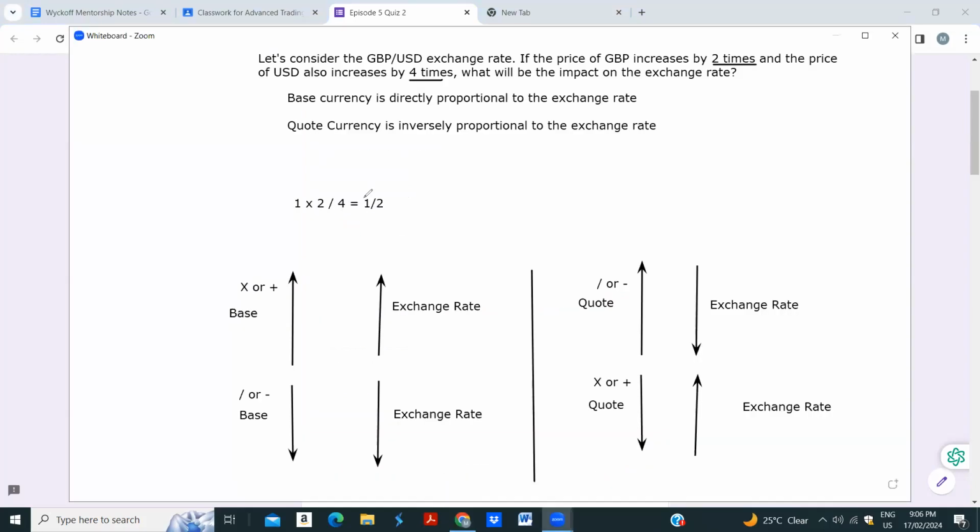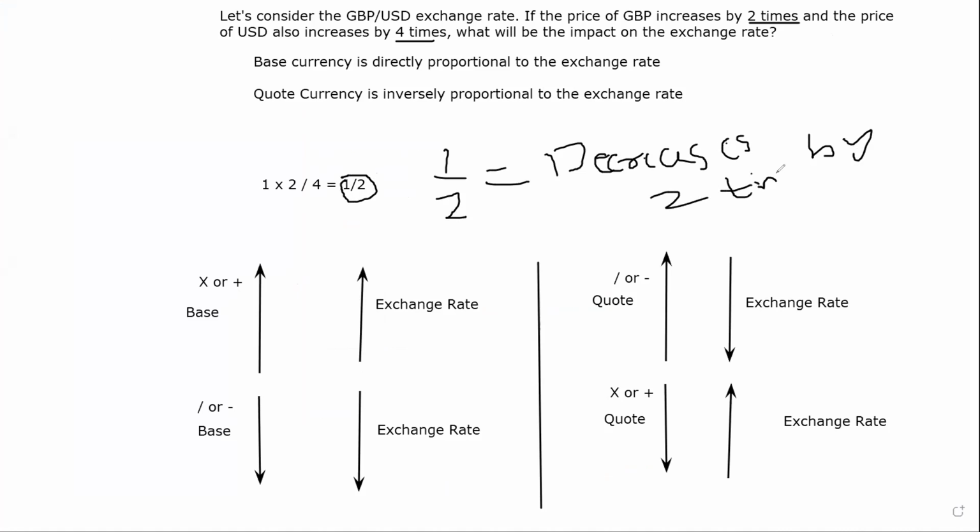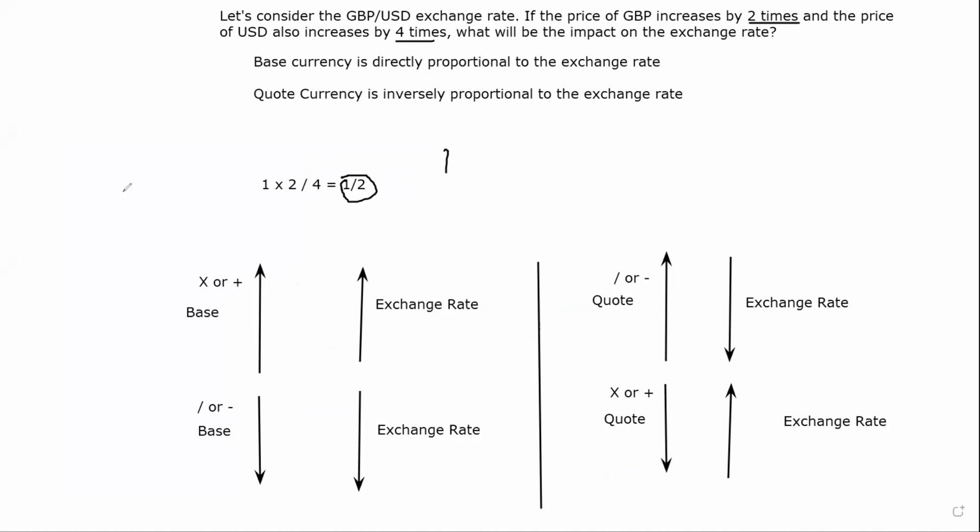All right, it is 1 divided by 2. So when we have 1 divided by 2, it means the price decreases by 2 times. And when the answer is 2, then it means the price increases by 2 times.